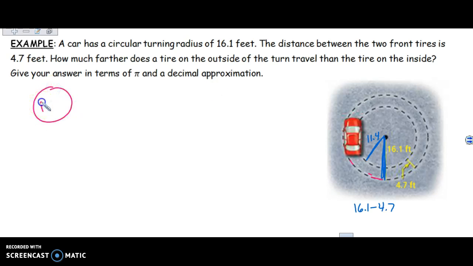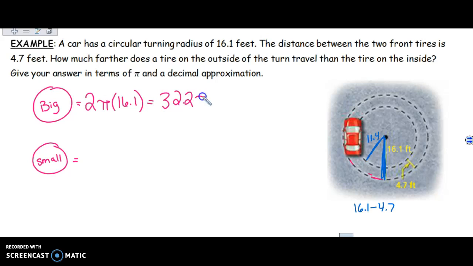So we're going to take the big circle and find the circumference there, and take the small circle and find the circumference there, and then subtract them. Since we have the radius, I'm going to use 2 times pi times the radius. The radius of my big one is 16.1, so that gives me 32.2 pi.